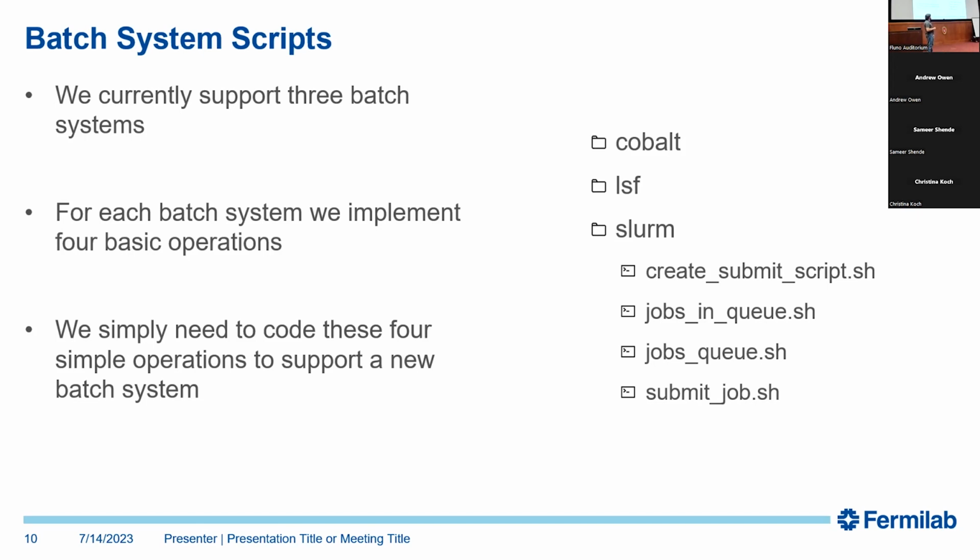We need something that checks how many jobs we have in the queue for a given user, what jobs are in the queue, and something that submits the job with this submit script that we just created. That's all we need. So if tomorrow we need to support a new batch system here, we only need to find a way to implement those 4 scripts in a way that is compatible to the given batch system. And that's it. We would be able to run on a site that supports that batch system.